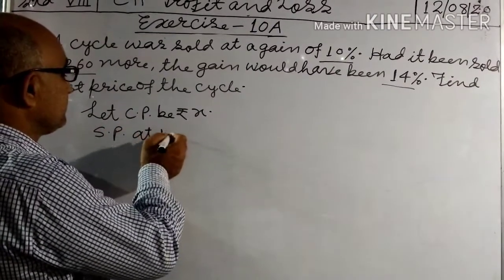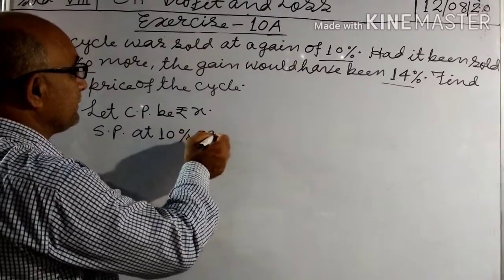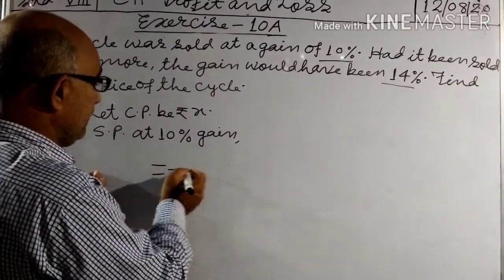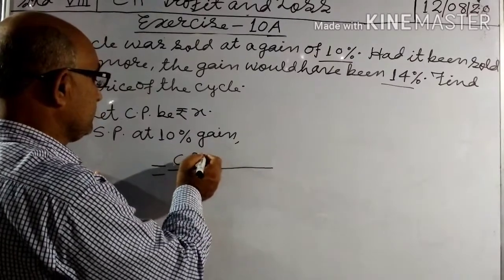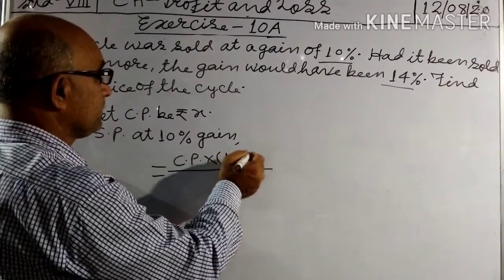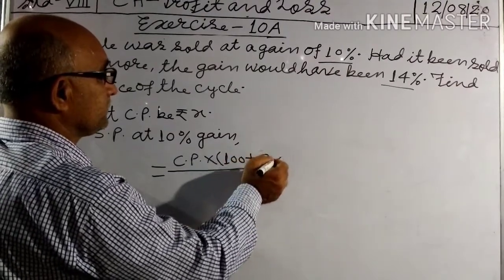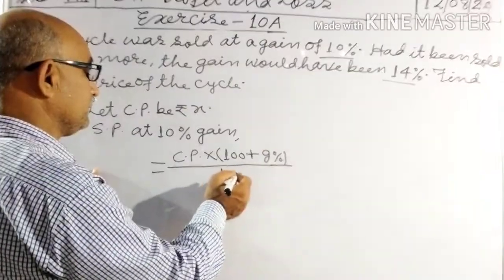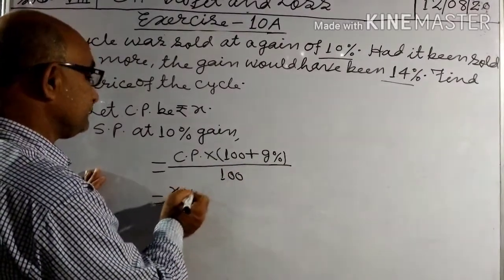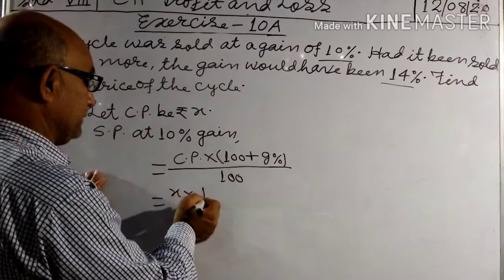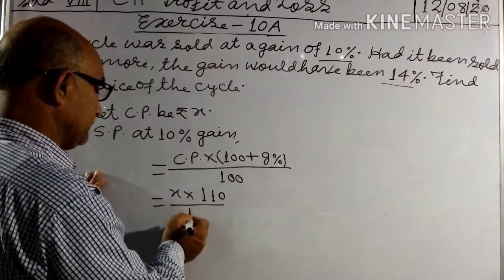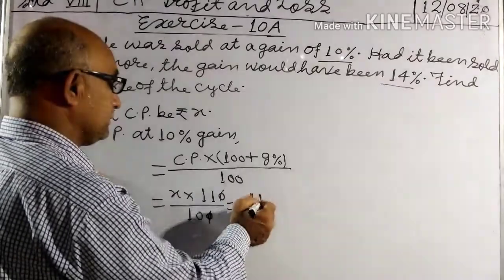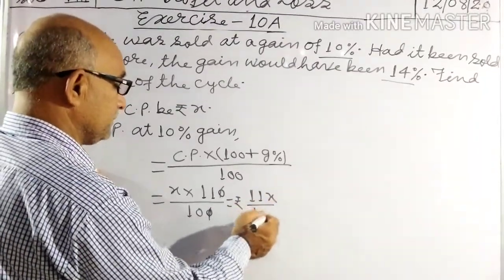SP at 10% gain equals CP into 100 plus gain percent by 100, equals X into 110 by 100. 0 to 0 cancel, equals rupees 11x by 10.